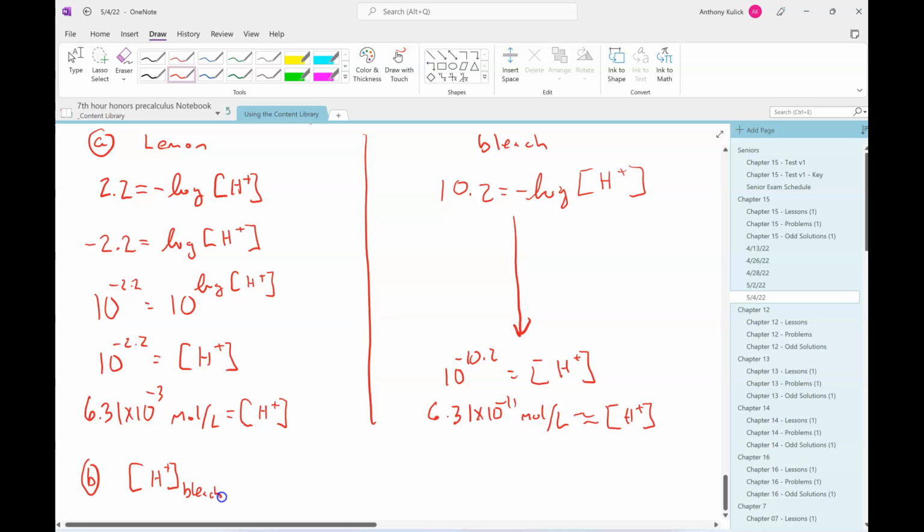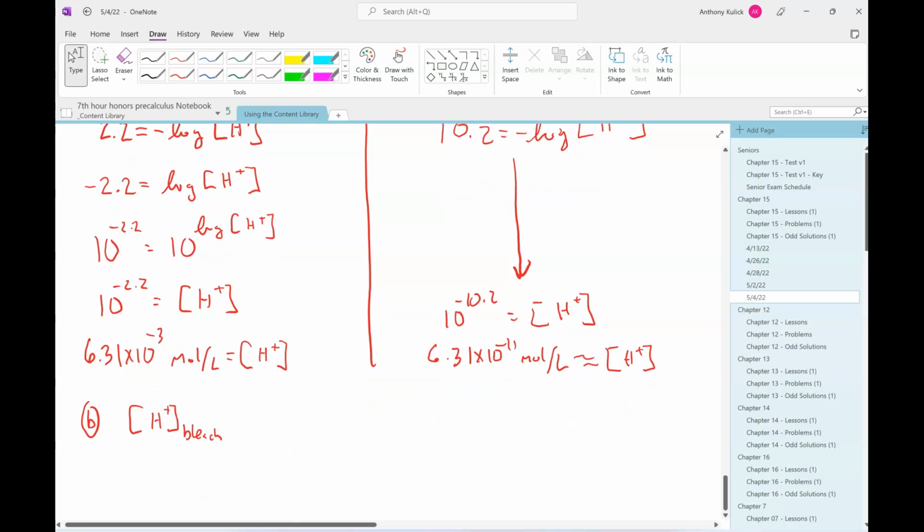If I ask you how many times greater is 6 than 2, what would you answer? 3 times. How did you get that? Because we divided. So we're going to do the same thing here. We'll take the bigger concentration, divide by the smaller one. When I do that, I get 10 to the 8th.